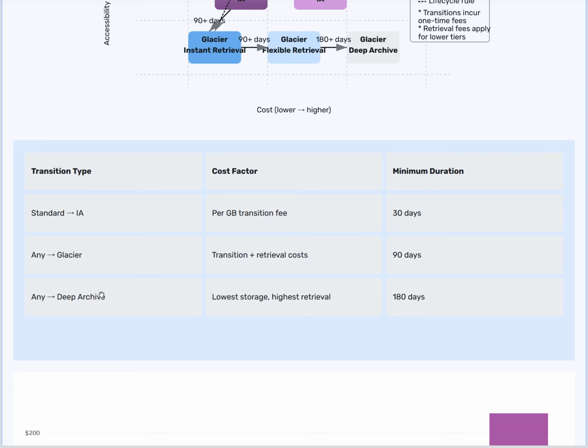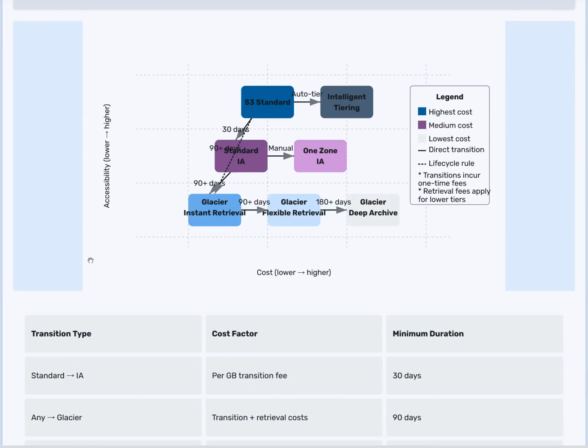And then any storage class, if you want to move into Glacier, you will get a transitioning plus retrieval cost. The minimum duration is 90 days. And then if you move anything to Deep Archive, lowest storage, highest retrieval, you have to keep it 180 days. So if you do it in less than that, you might get some cost, right?